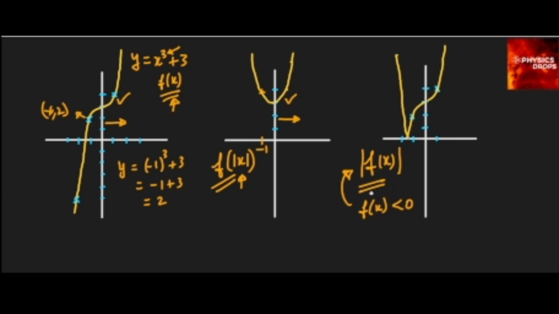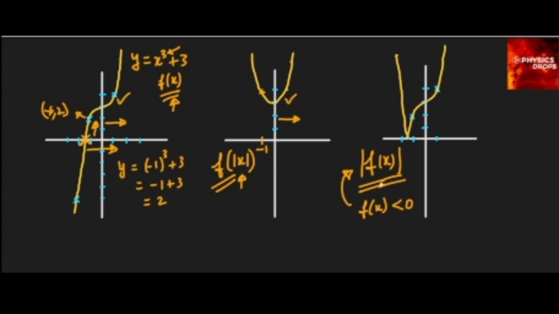So for positive values of the function, or positive values of y, the absolute value of f of x will also behave exactly like the original function, which means at this point you see in the original graph, the right hand side of this is all going to be the same, because for all x values greater than this x value which you see here, you get all positive y values.